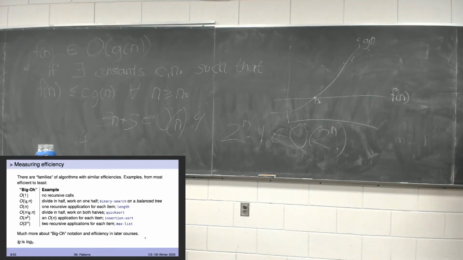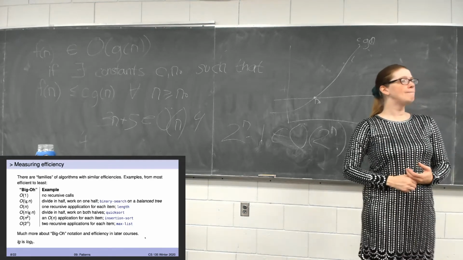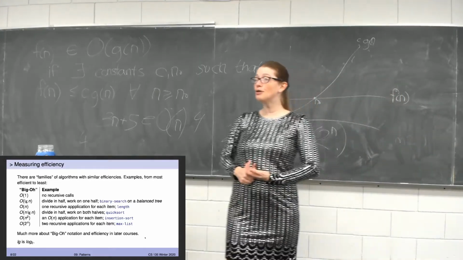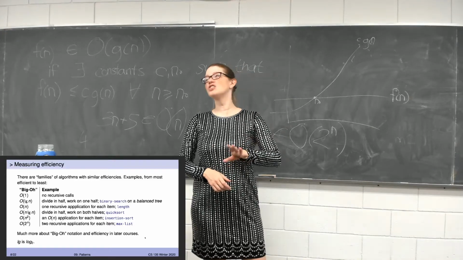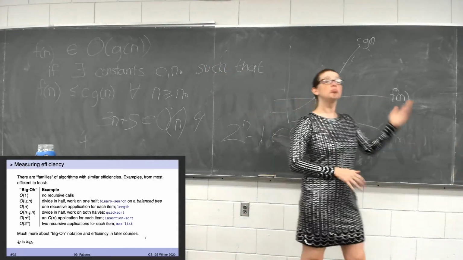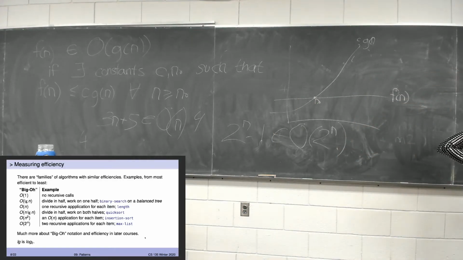Log n is not as good as constant time, but it's not bad, because if you have n equal to 32, and by the way, our logs are all base 2, then this is 5. Not bad. And then we have linear, which is n, and then there's n log n.